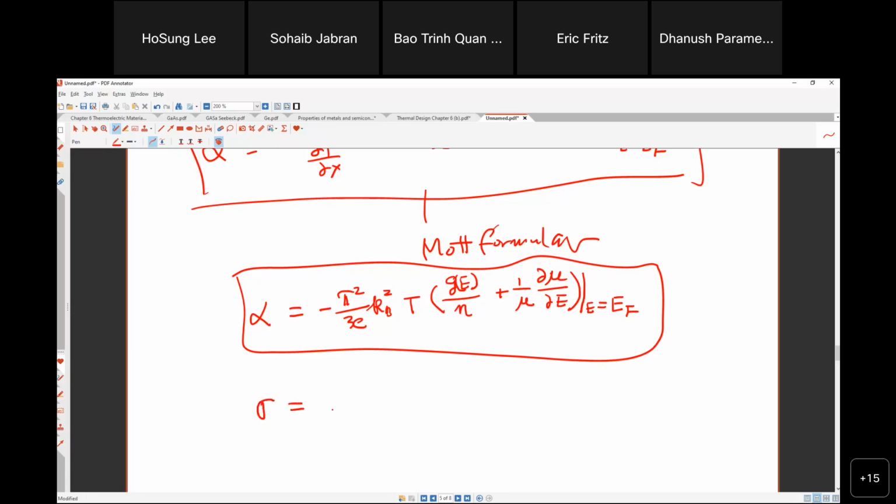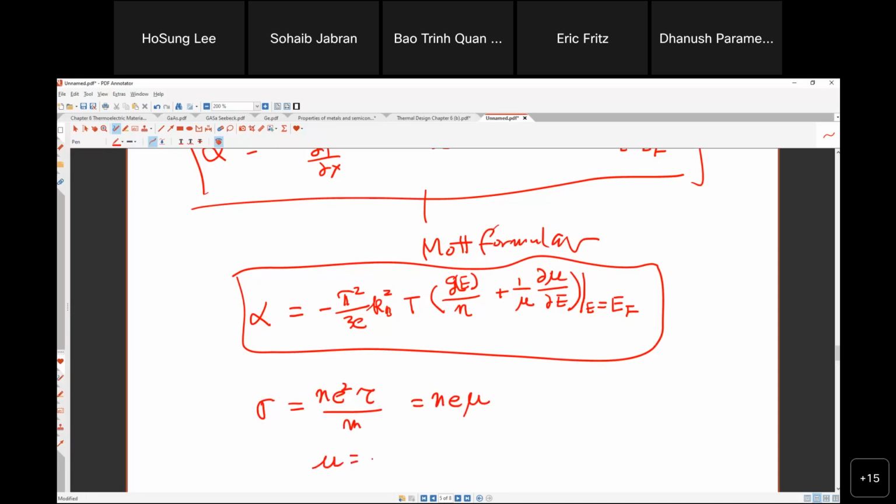I think I skipped this, but there is a relationship between ne square and m. So we define ne mobility.